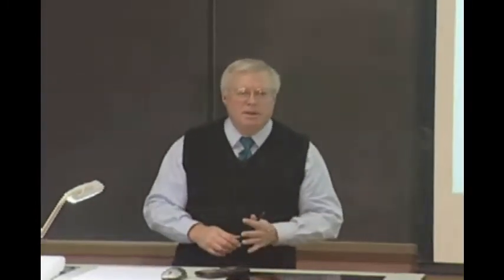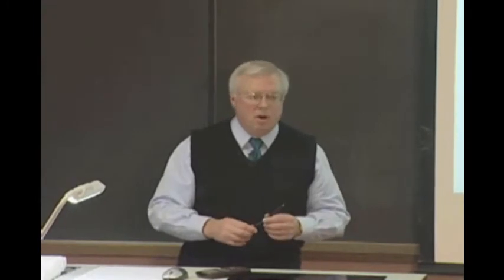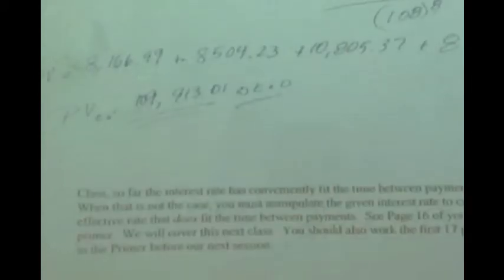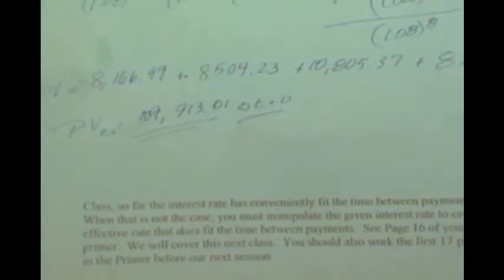concludes our work with basic annuities, where the interest rate fits the time between payments. You've probably noticed that in all of these problems, the interest rate exactly fit the time between payments. In this problem, we had 1 year between payments. We had an annual interest rate.